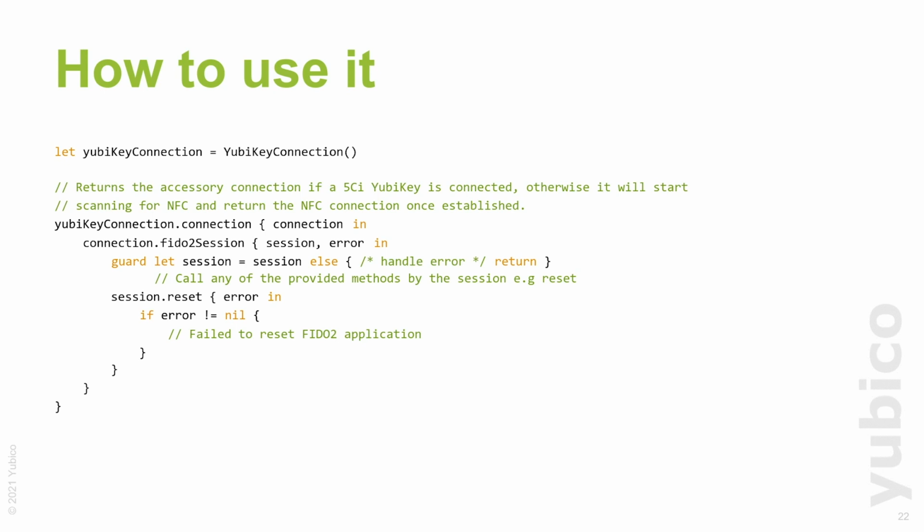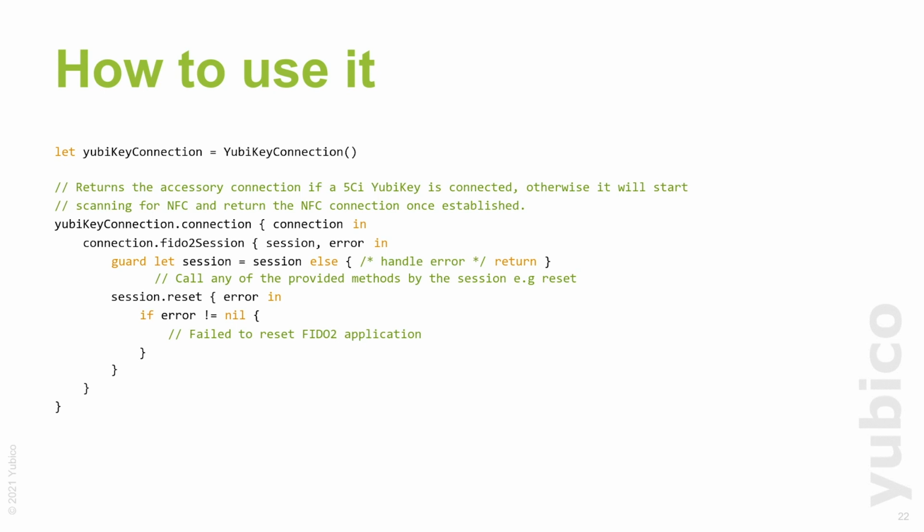So we call the connection, and then a few minutes later or immediately, depending on whether there is an accessory key connected or not, we will get a connection. And as I said previously, that could either be the NFC connection or the accessory connection.